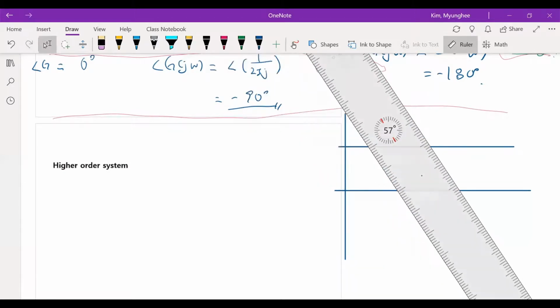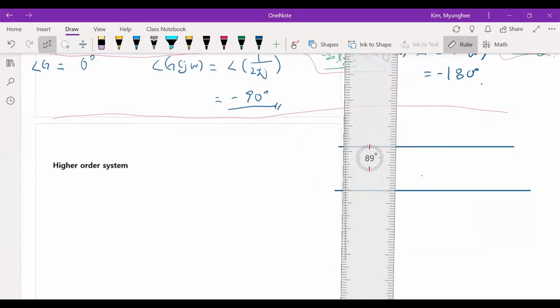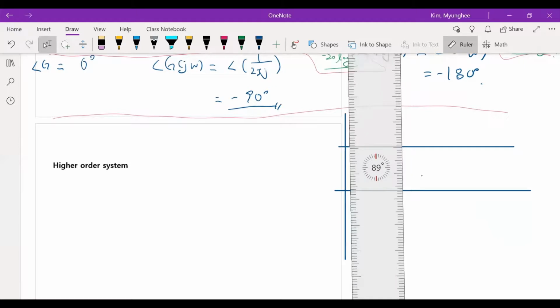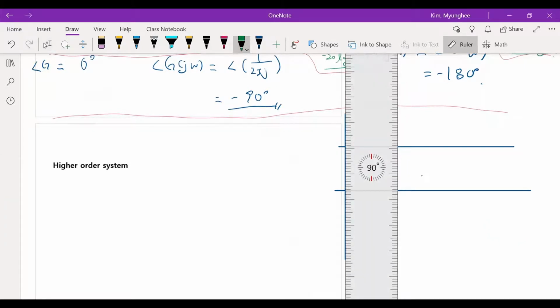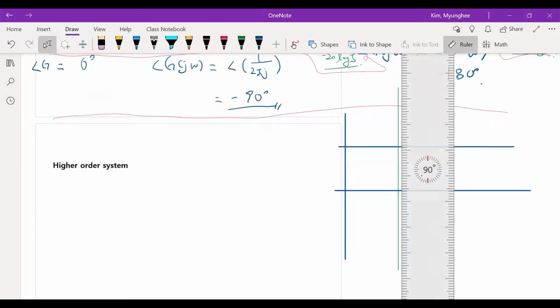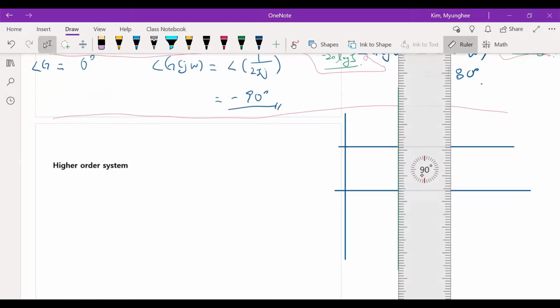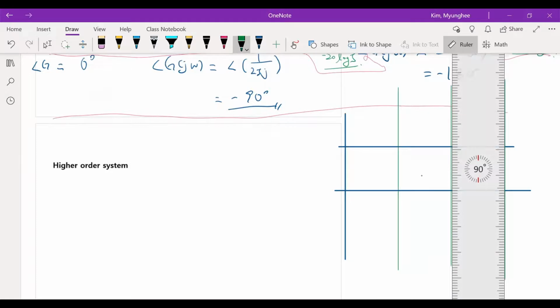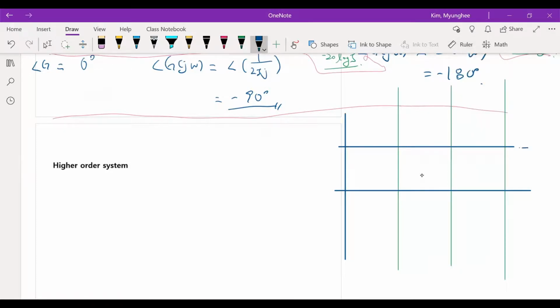So again, small means that 10 times smaller, and large means that 10 times larger. So let's make something like this. 1, 2, 3. And then the x-axis is log ω. And then the first y-axis is 20 log G, which is magnitude, and this is angle.